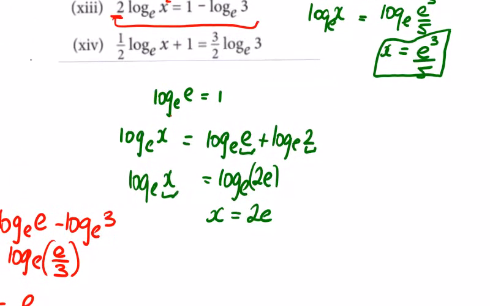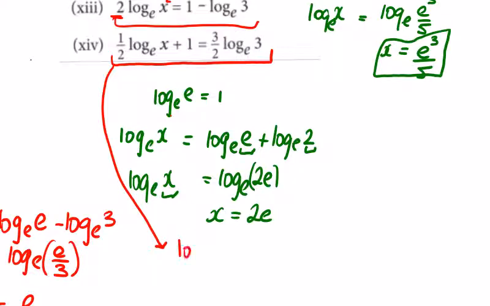Straightforward enough. And then the last one, so let's start with changing this to log to the base e of x to the power of a half, or the square root of x, plus log to the base e of e, which is equal to 1. Well, we could actually multiply everything by 2 as well, couldn't we? Which would get rid of this half at the beginning here that I just left out, because I was thinking about multiplying by 2.